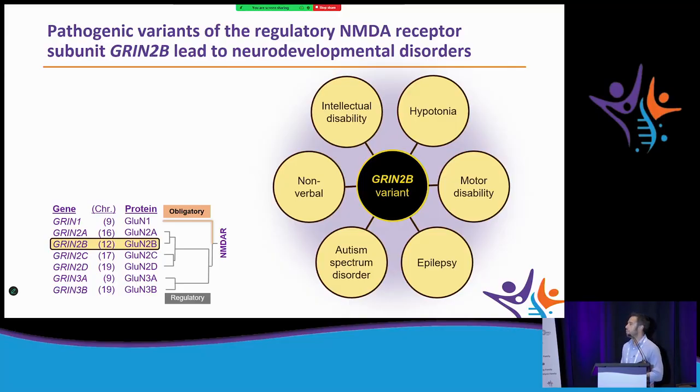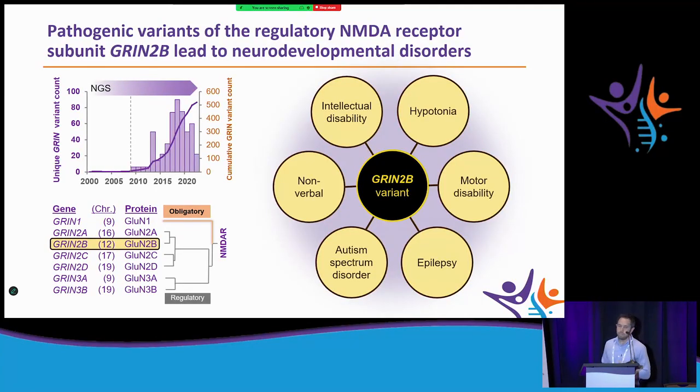GRIN2B is one of the genes that encodes an NMDA receptor subunit, specifically one of the regulatory subunits of the NMDA receptor. It's not that children have suddenly started getting this disorder. It's that we've only just started recognizing that their disorder reflects variants in GRIN2B.